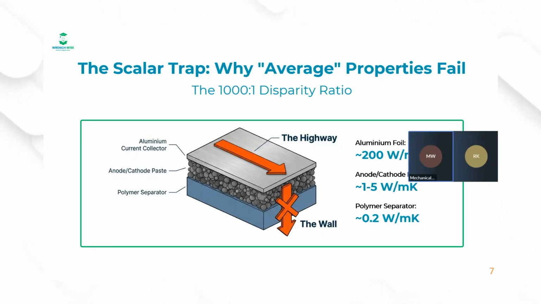So if you don't account for this difference of conductivity between the layers, your simulation will tell you that, hey, the battery is shedding heat perfectly, everything is great, you can go ahead with your design. You make the design and you figure out, hey, physically what I measure right now is much more than what I'm seeing in CFD. So there will be errors there.